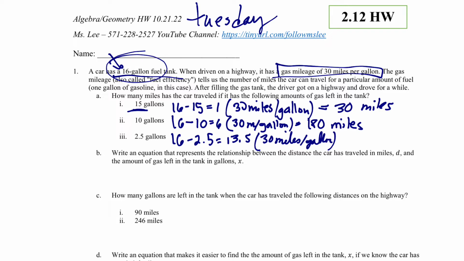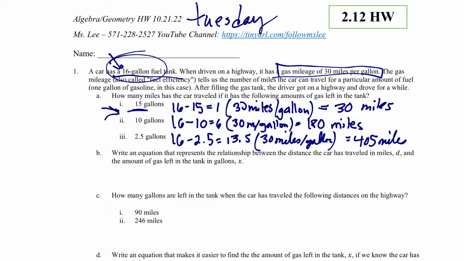This should be our greatest distance. You can use your calculator or you can work it out on your paper, but you will get 405 miles. Okay? So again, we're looking at how many gallons you have left here, and then using that we can figure out how many gallons were used, and then knowing that they can go 30 miles per gallon, we can multiply to figure out how many miles we went.